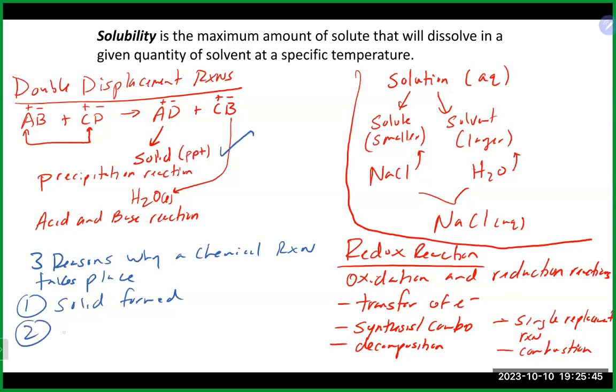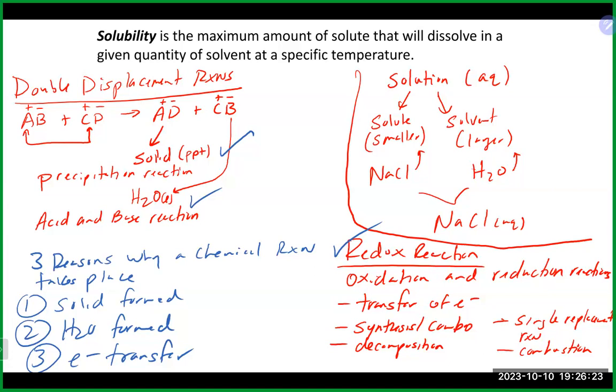Second reason a reaction takes place is water is formed, taken care of by our acid-base reactions under a double displacement. And the third reason why a reaction takes place is there's some type of electron transfer, which is pretty much all redox reactions. So all the different types of reactions that you come across pretty much boil down to one of those three things happening. Either a solid has been formed, water has been made, or electrons have been transferred. So that's pretty much the three reasons why things take place.